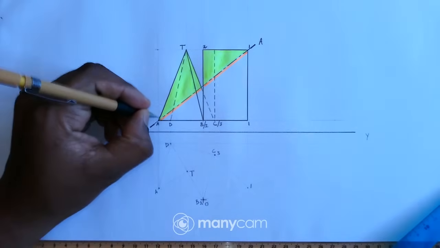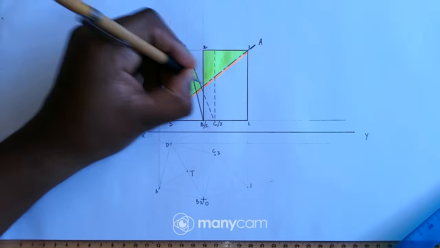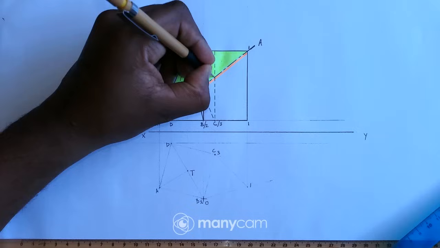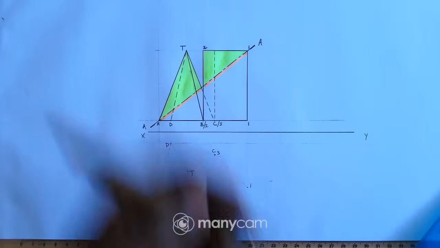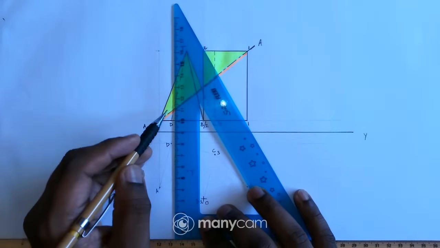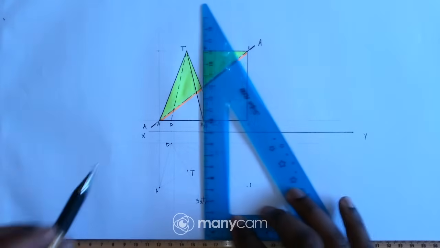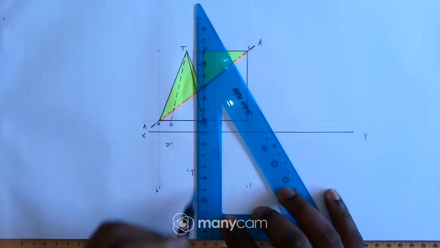Okay, so now I'll just project the points from the cutting plane there, right? So I'll just project all the points. So I'll start with this point, just like that.